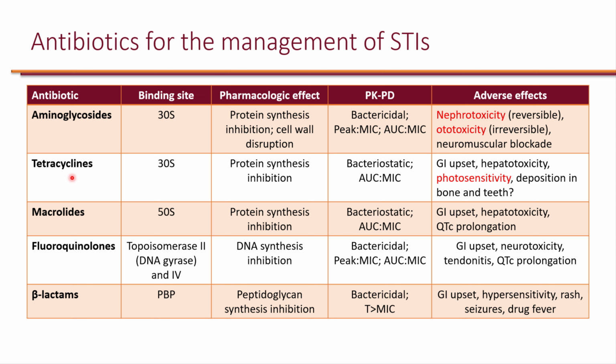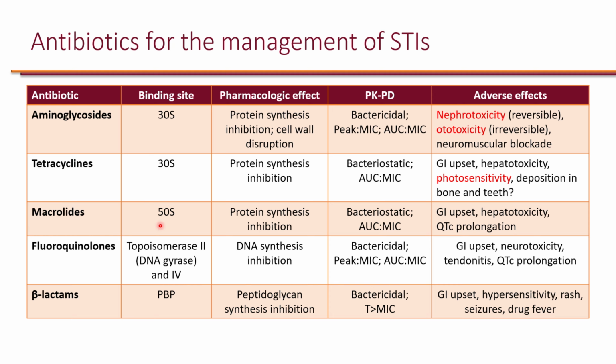Specifically, doxycycline has a big role for some of these infections, which we know bind to 30S subunits, similar to aminoglycosides, to inhibit protein synthesis. For tetracyclines, they can cause photosensitivity and deposition in bone and teeth. There's a question mark here because that was seen with tetracycline itself, but some of the other agents in this class don't necessarily cause this. So that's not really a concern with doxycycline.